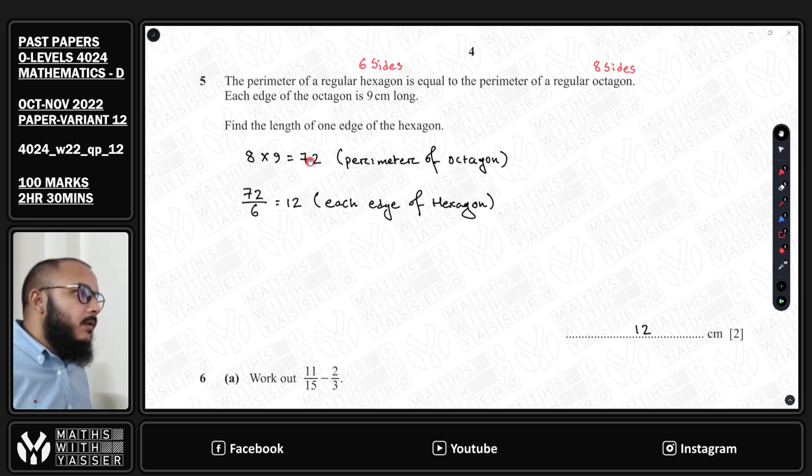So the perimeter of the octagon is 72 centimeters. And if we want to form a hexagon with the same perimeter, then we should divide this perimeter by the number of sides of the hexagon. So 72 over 6 will give us 12.